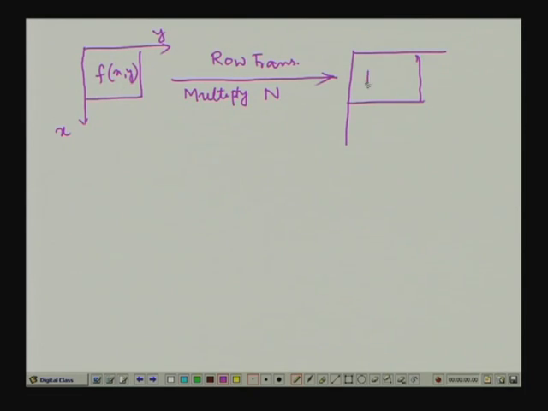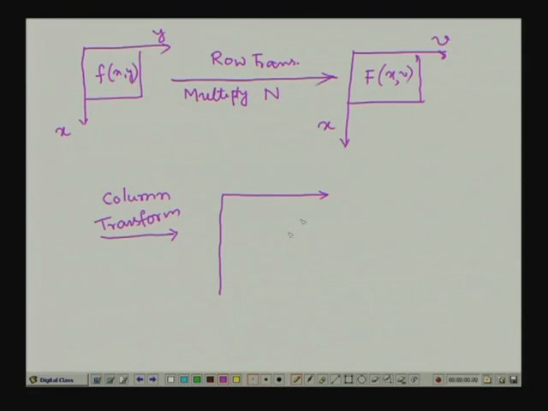This is represented as f x v, where this is my x dimension and this becomes the v dimension. After getting this intermediate result, I take the second step of the Fourier transformation, and now the transformation is taken for every column. So I do the column transformation, and that gives us the final result of the two-dimensional Fourier transformation f u v.